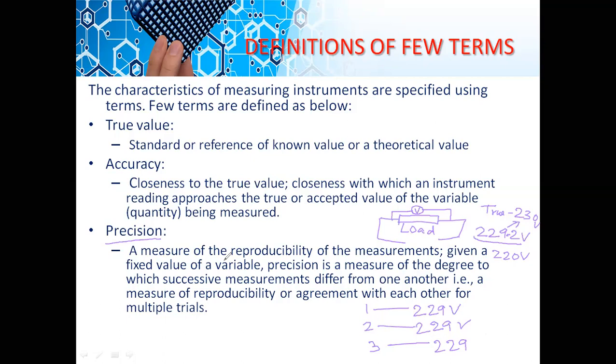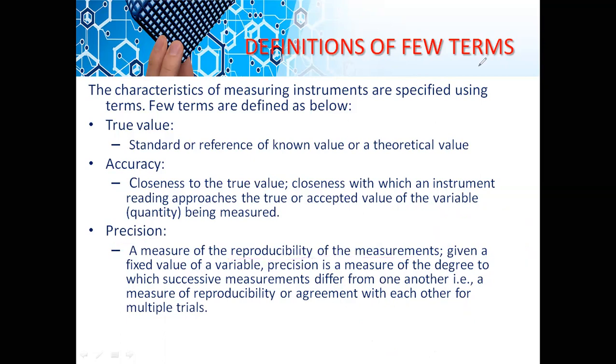So it is able to reproduce the measurement again and again. Even though we tried for multiple trials, it is showing the same reading or nearly the same reading within an acceptable range. That is what we call precision.